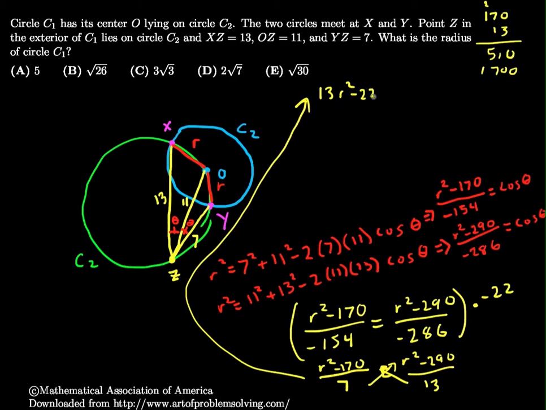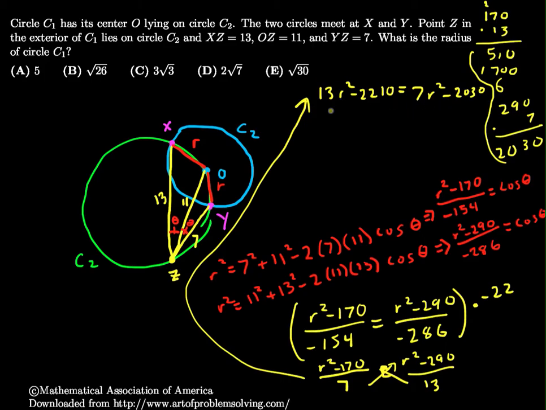So 13 R squared minus 2210 is equal to, multiplying both of these by 7, 7 R squared minus 290 multiplied by 7. Let's double check that. That's going to give me 2030. And that is right there.